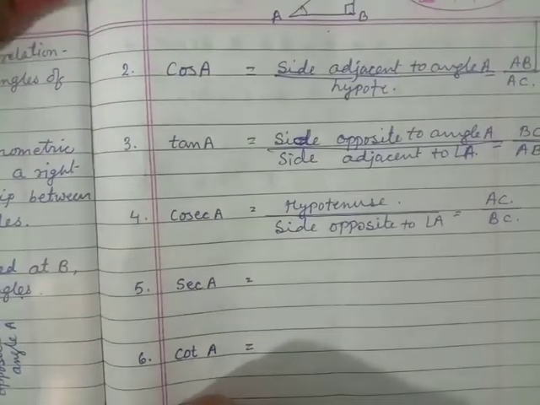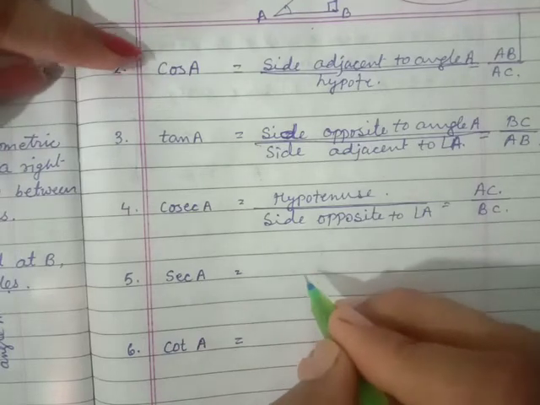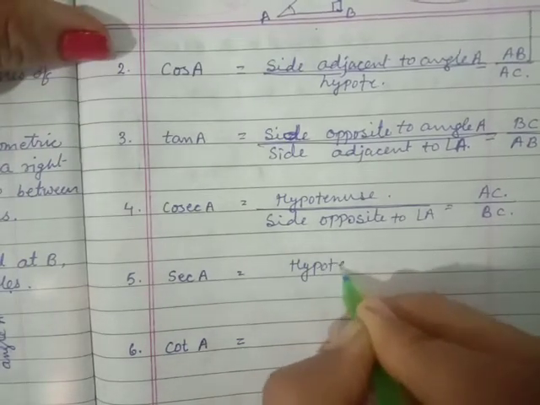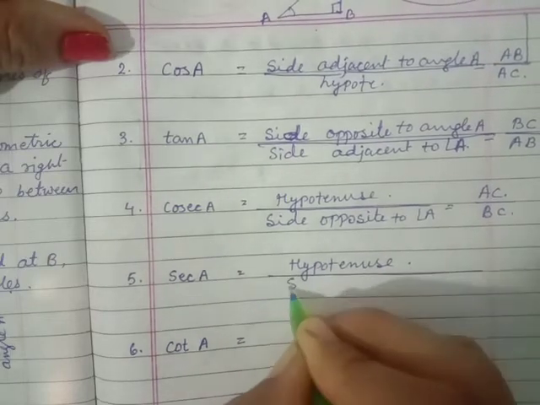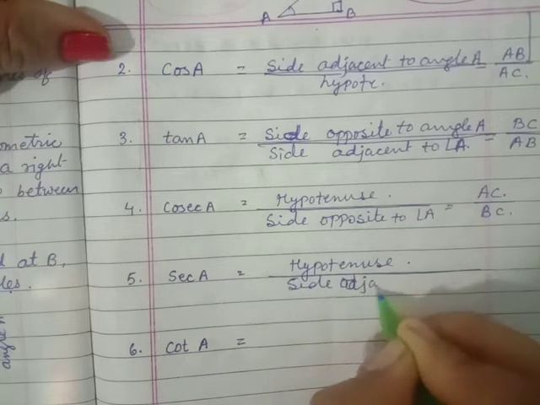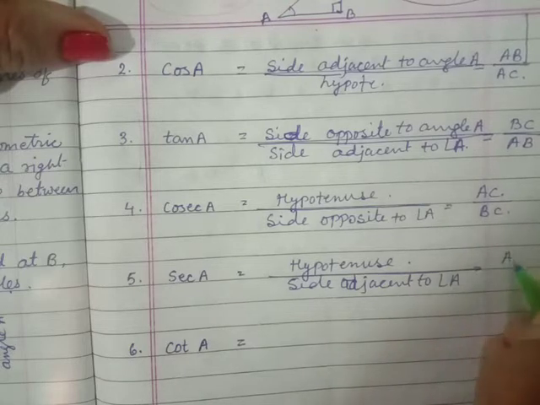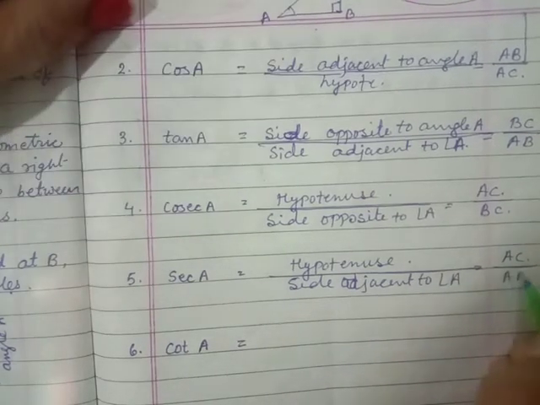Now see what is sec A. Sec A is the reciprocal of cos A. So hypotenuse upon side adjacent to angle A. The hypotenuse is AC, the side adjacent to angle A is AB.